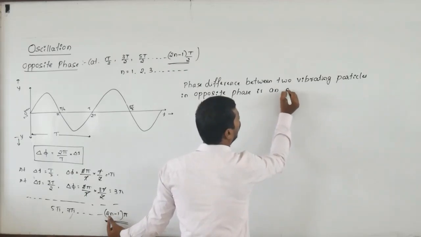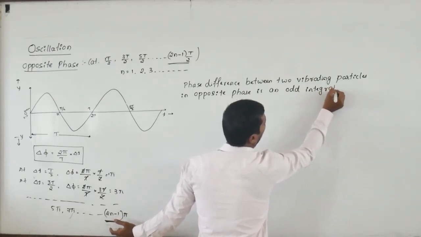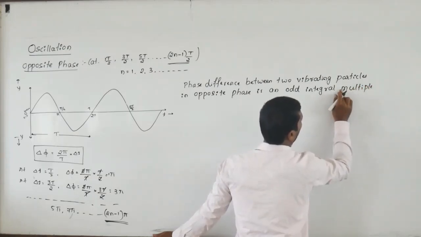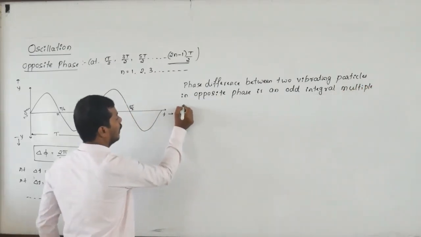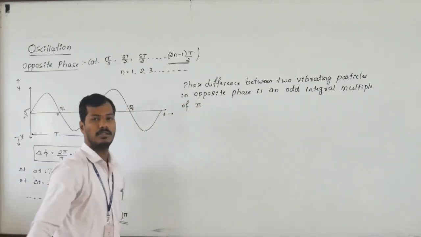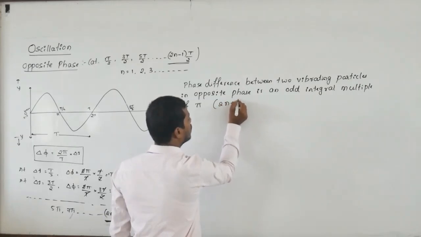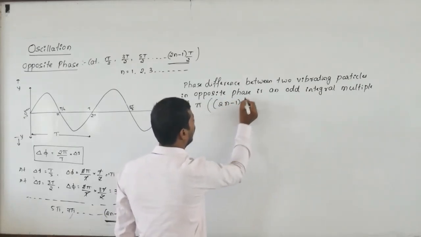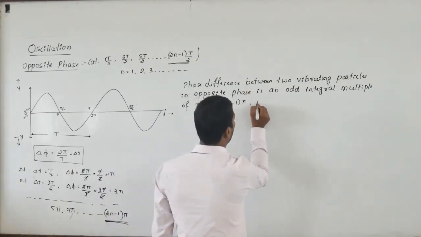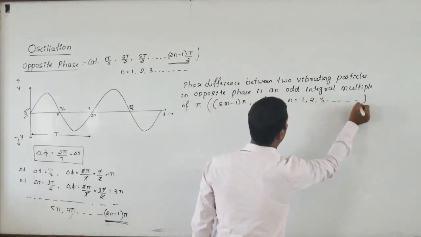It is odd. An odd integral multiple of what? Pi. Completely it is pi. It means 2n minus 1 times pi, where n is equal to 1, 2, 3, and so on.